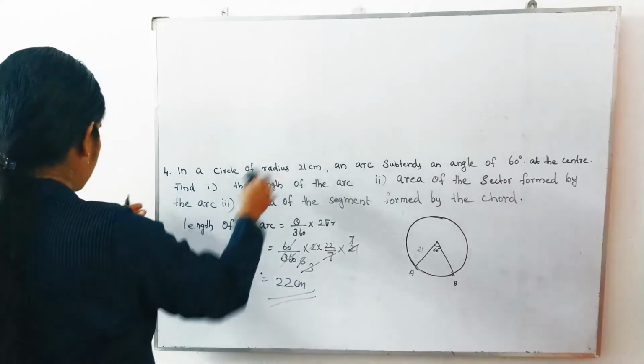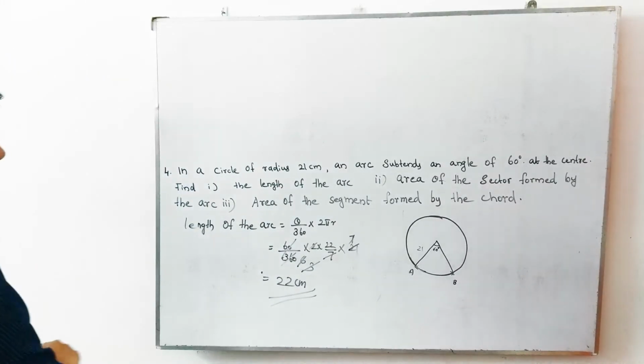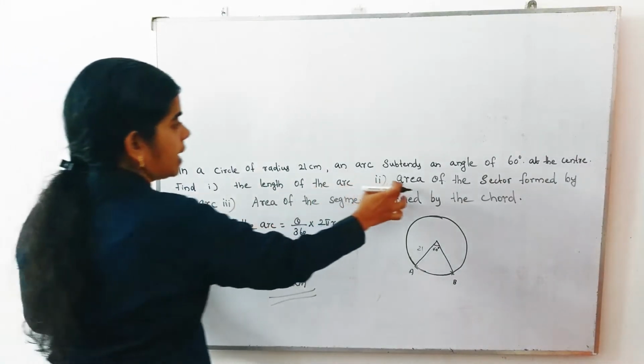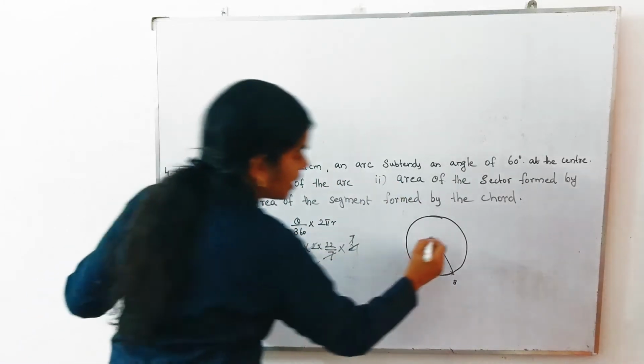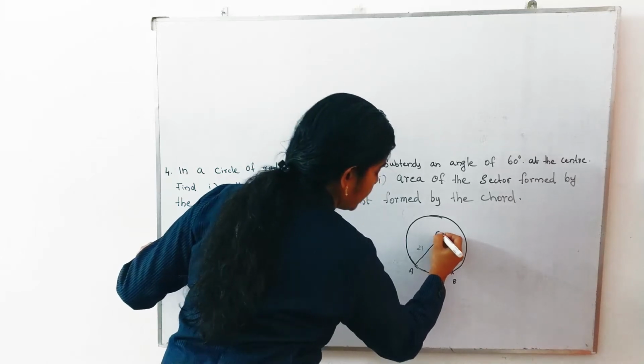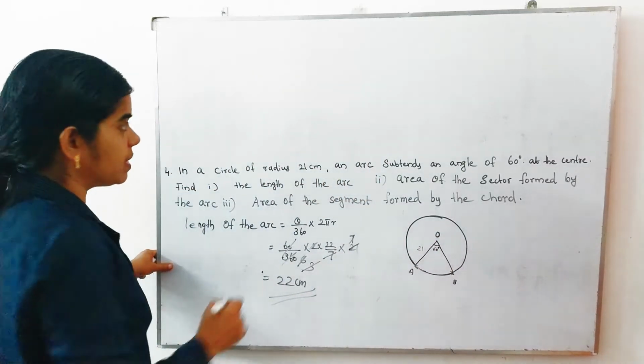Next one, area of the sector formed by the arc. This is the sector. I am marking AOB. AOB is the sector.